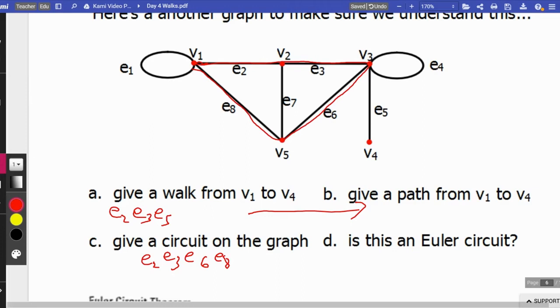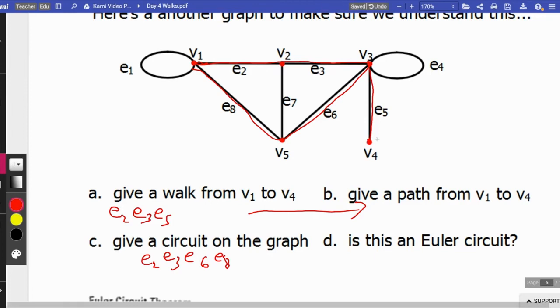And is this an Euler circuit? We can tell. There is an easy way to tell right away. There's no way for us to get to V4 at any point without traveling E5 twice. So no matter where you start, in order to even get this edge 5, either you hit it at the end, but then you didn't make it back to where you started, so it's not a circuit.